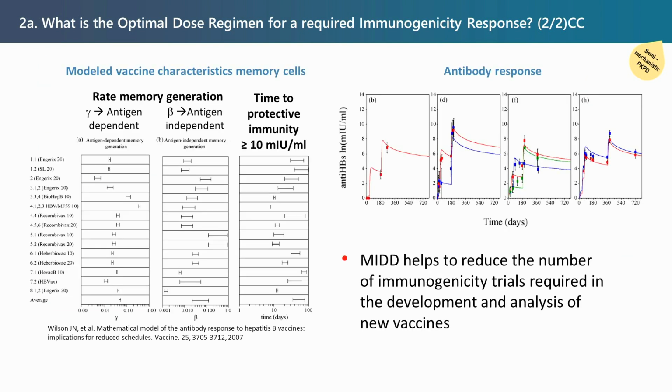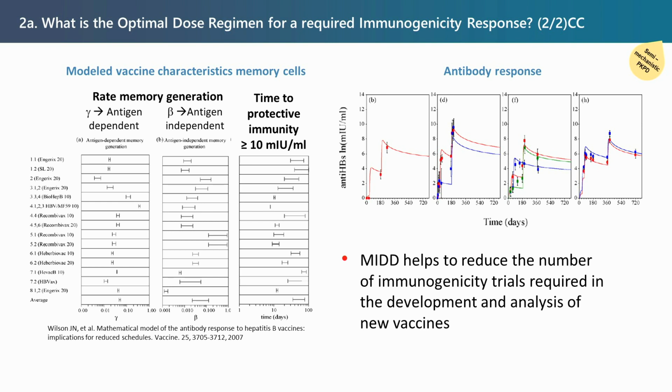The left-hand side panel shows estimates of 2 of the parameters related to the rate of memory cell generation for various vaccines included in the analysis dataset, as well as the predicted time needed to obtain protective immunity.